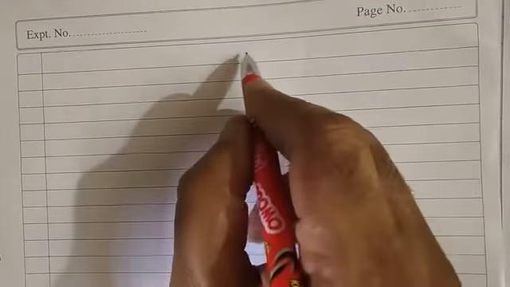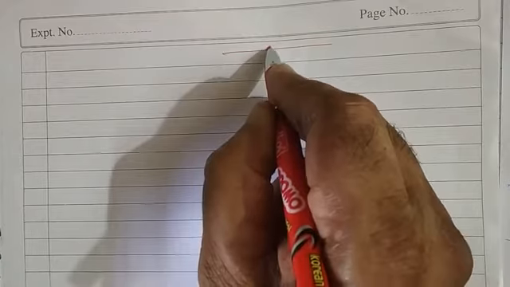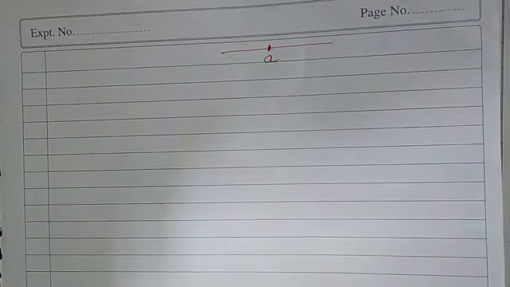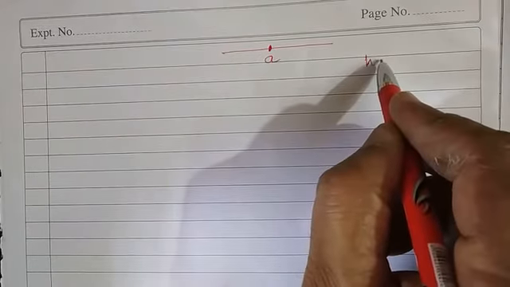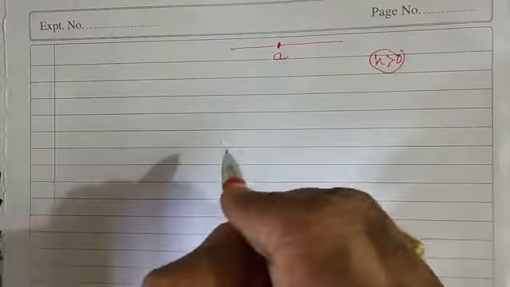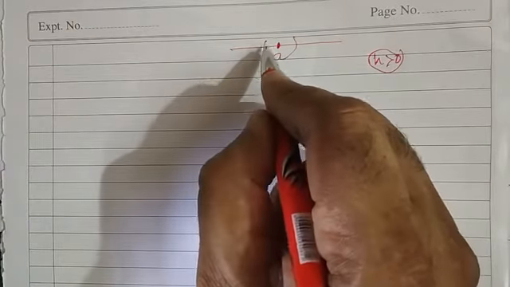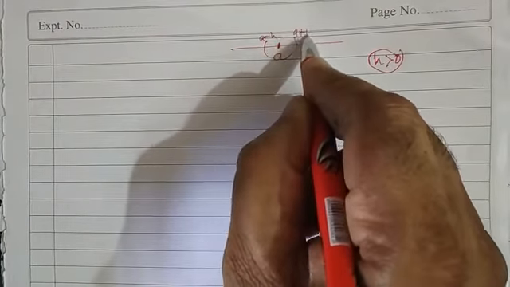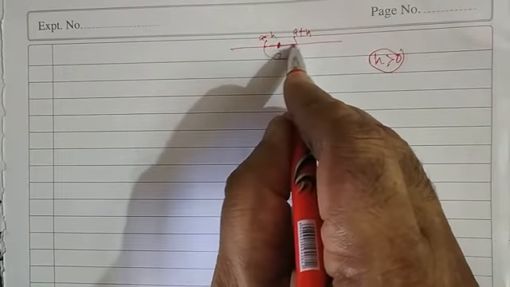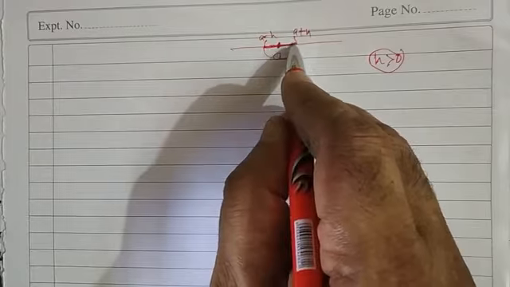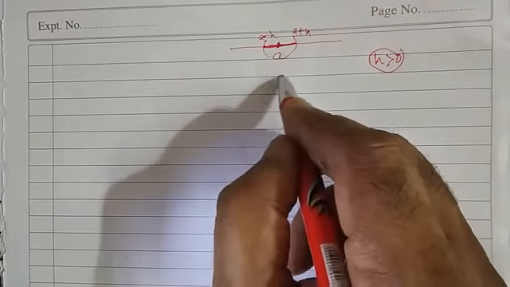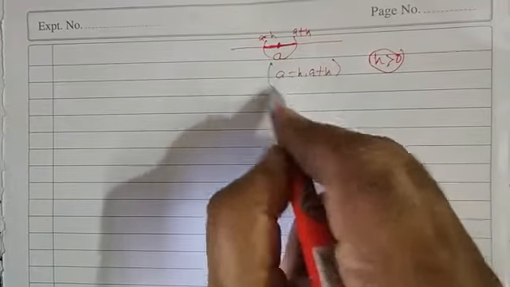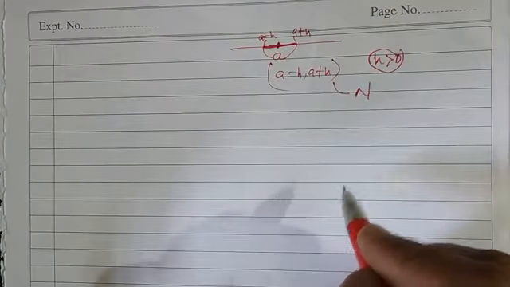Before that, if this is the number line and a is a point, and h is a very small positive number, then the open interval from a minus h to a plus h contains numbers or values which are very close to a. This open interval (a minus h, a plus h) is called the neighborhood of a in math.